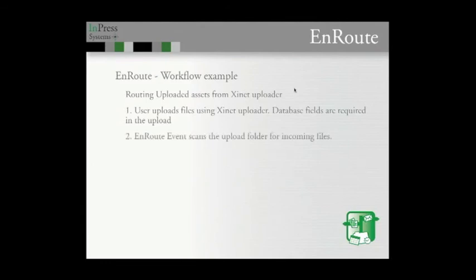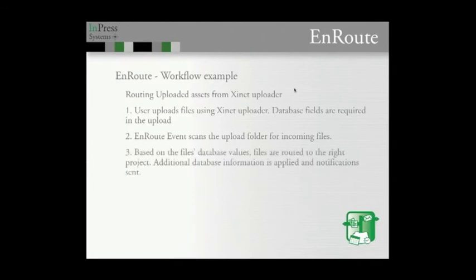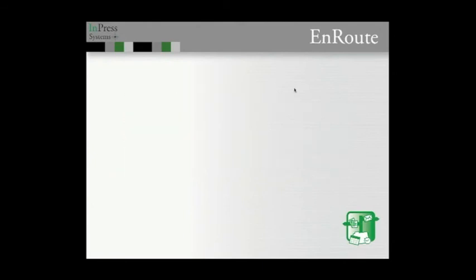And then when OnRoute scans the incoming folder for these files, it will look at the database and route the files to the right direction. You can also apply some additional database information when you do that, and then, of course, send some notifications and so forth out.